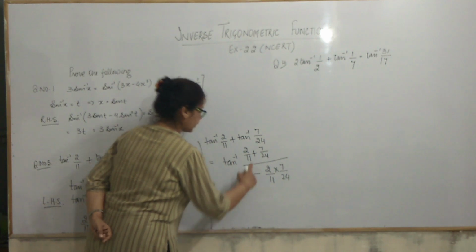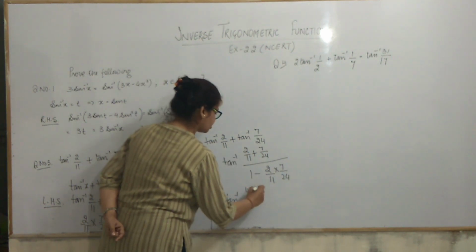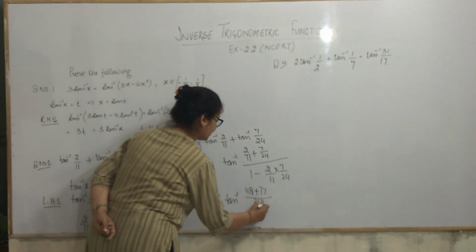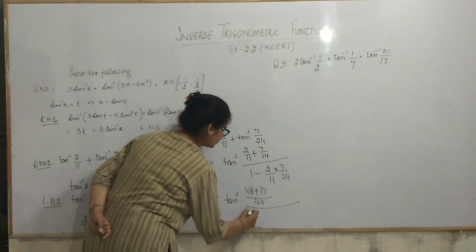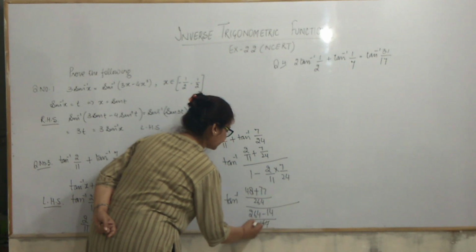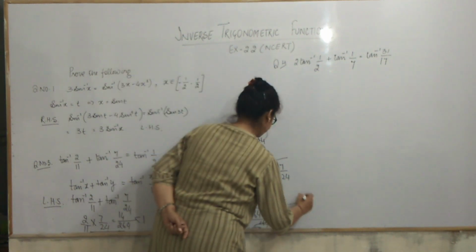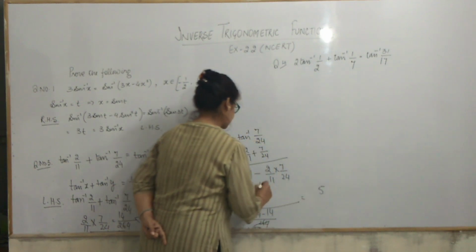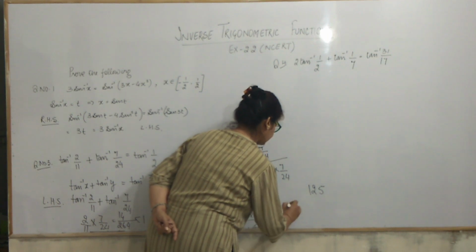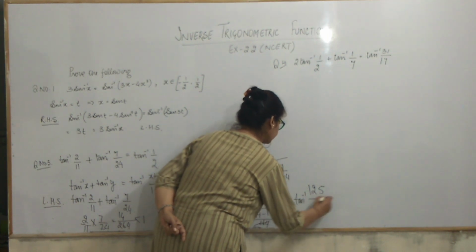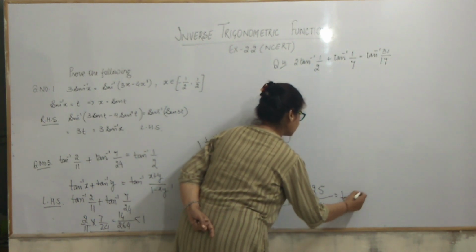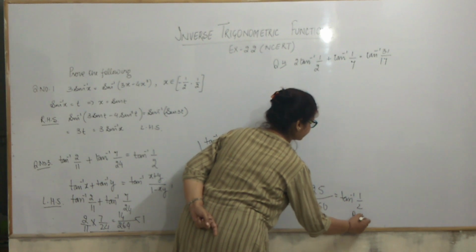Now just a little bit of calculation. 77 upon 264, or 11 into 24, whatever. 7 2s are 14 upon 264, cancel out. It comes out tan inverse half, which is the right hand side.